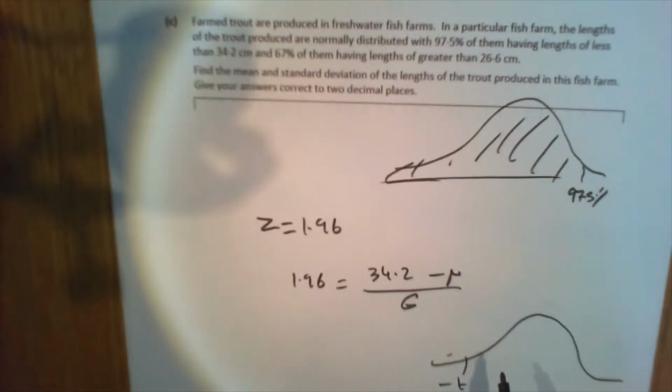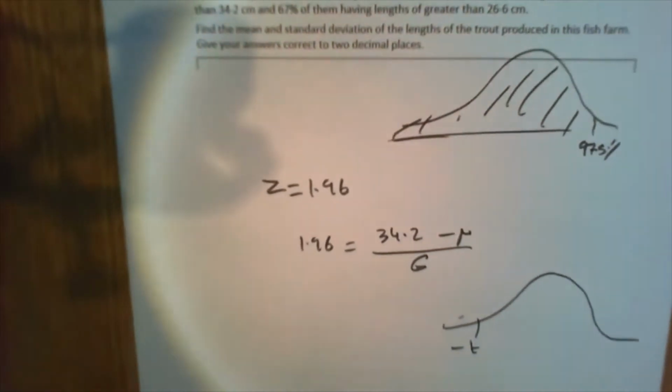We have 0.67 from the Z tables, which is 0.44, so it's going to be negative 0.44 equal to 26.6 minus mu over sigma.